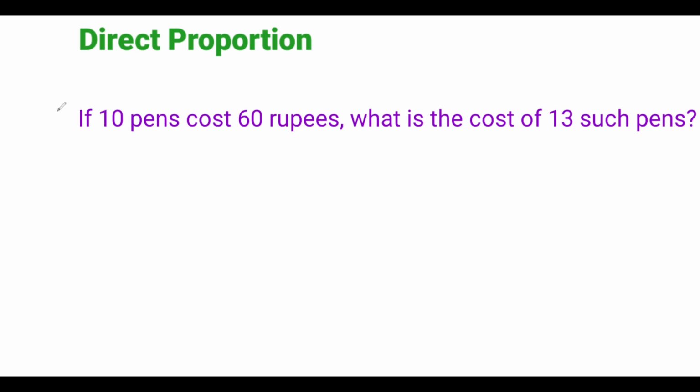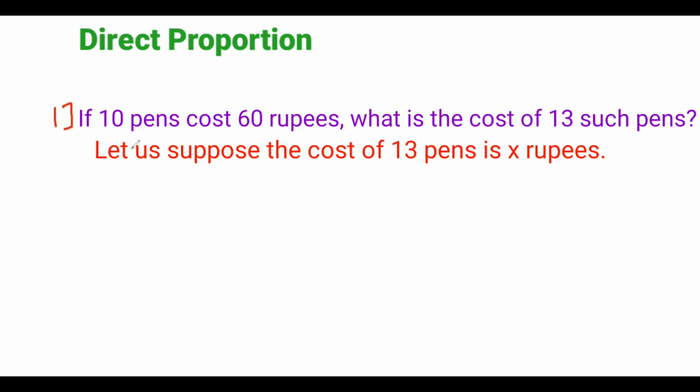Now we are taking first example. Look at here. If 10 pens cost 60 rupees, what is the cost of 13 such pens? We have a direct proportion example. Let's consider that cost of 13 pens is x rupees. Look at here. For 10 pens, there are 60 rupees.